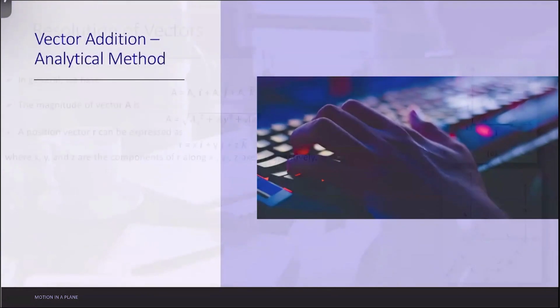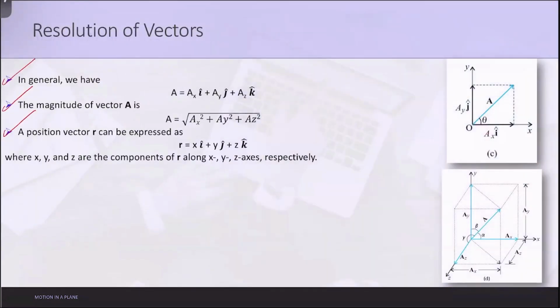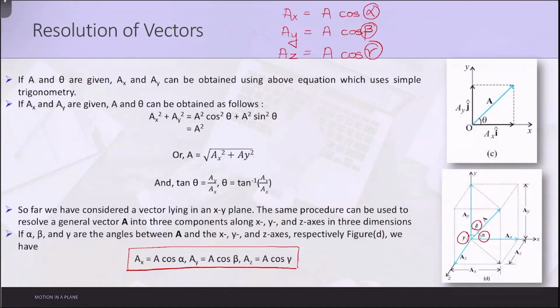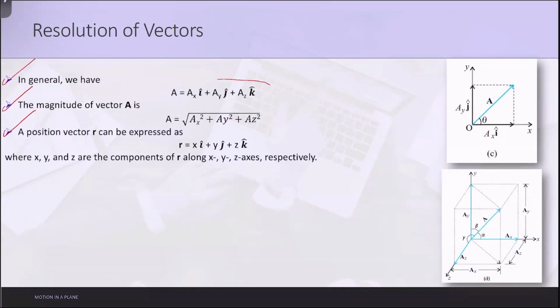Let me just go back and explain to you. We can understand from this portion only. Let us remove the k cap portion. Then any vector will be nothing but the summation of ax I cap and ay j cap. In the similar form, we can write r bar as also equal to rx I cap plus ry j cap.